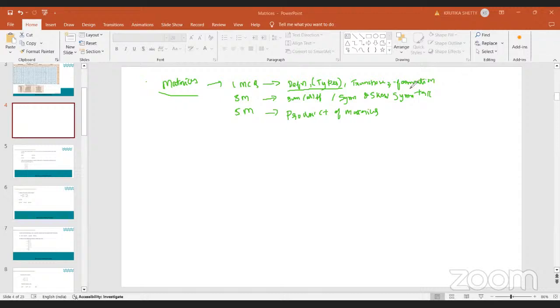All these three types of MCQs we will be discussing. Then a 3 mark question may occur from the algebra of matrices, that is sum or difference of matrices, or symmetric and skew symmetric matrix. And the 5 mark will occur from product of matrices. Please make a note of this quickly, and we will begin with the main part.